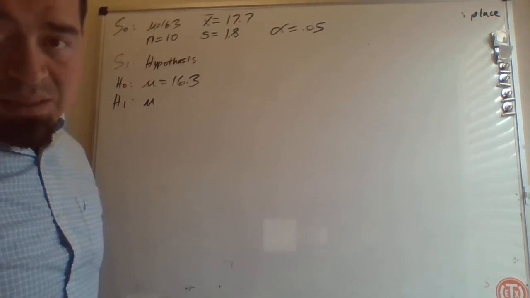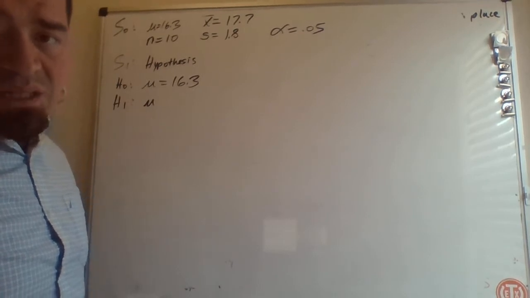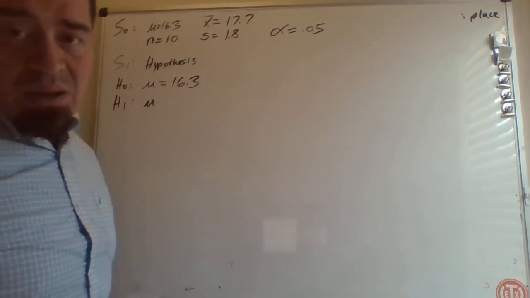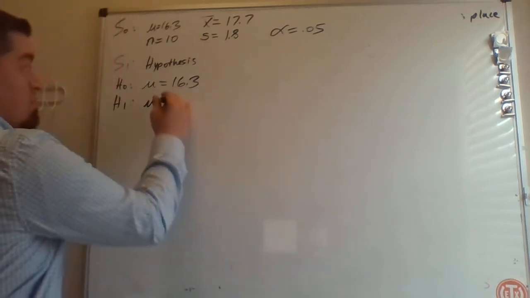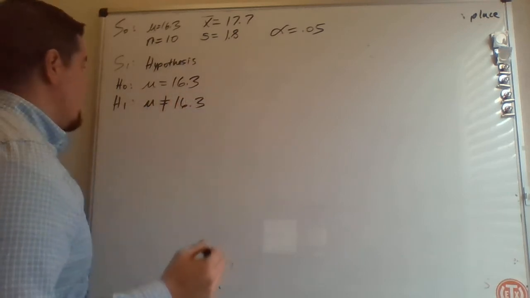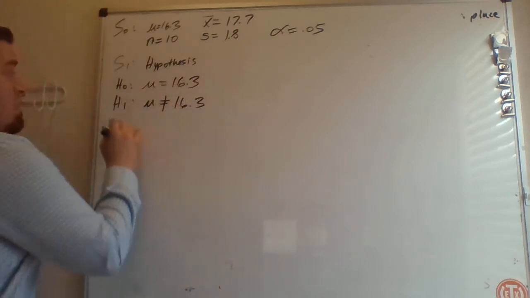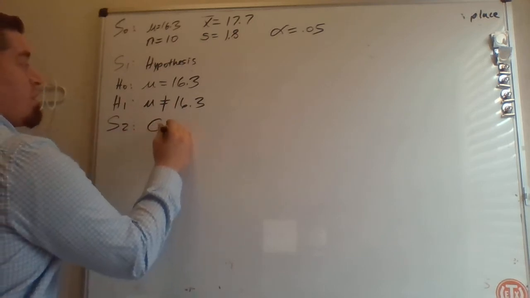And we'll go back to the top, see the claim. A medical investigation claims that the average number of infections per week at a hospital in southwestern Pennsylvania is 16.3. So the rejection of that is not 16.3. So step 2, we would go ahead and find the critical value.